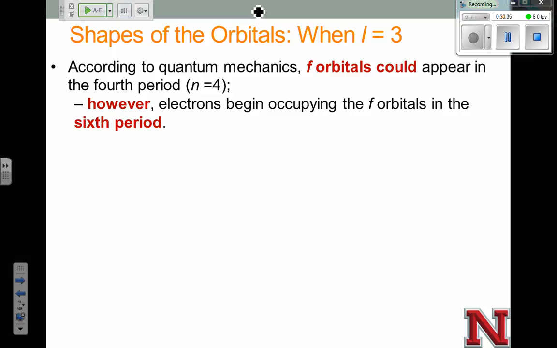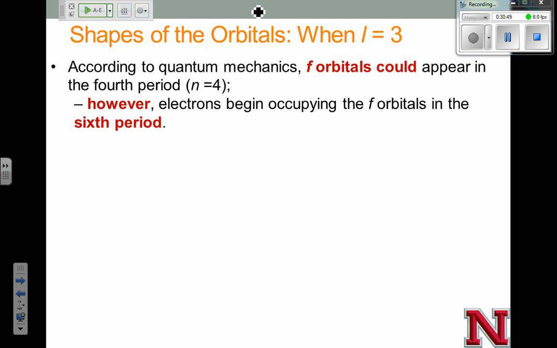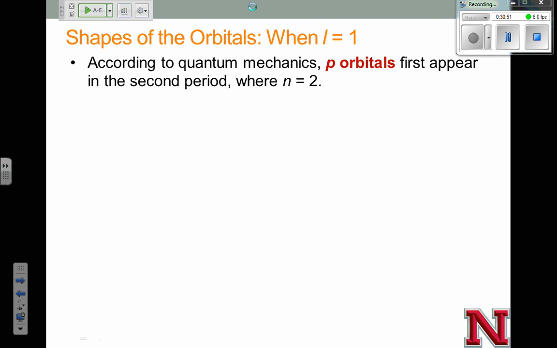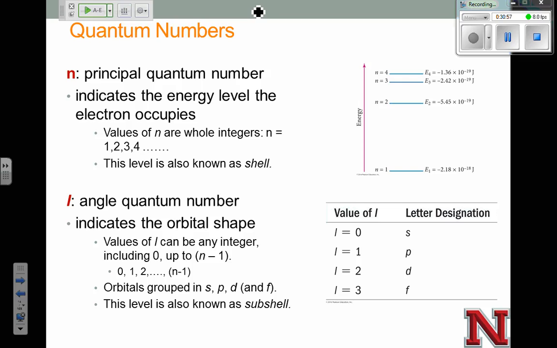Things like sulfur and the 3 energy level actually do have those d orbitals. We don't really care about them, but they're there. If we look back at the way these energies are drawn, way over here, as we get higher in energy level, the difference between our levels gets smaller.